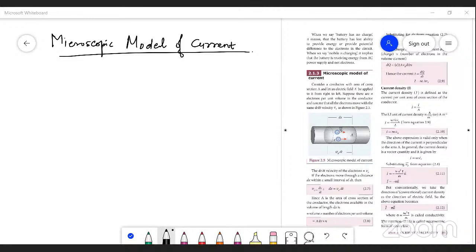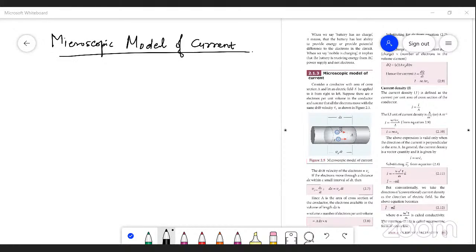The application of electric field makes the charges move in a definite direction, which results in a flow of current, and that is going to be discussed under the microscopic model of current, right?